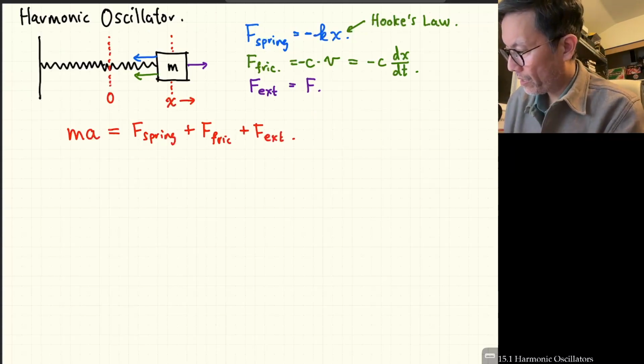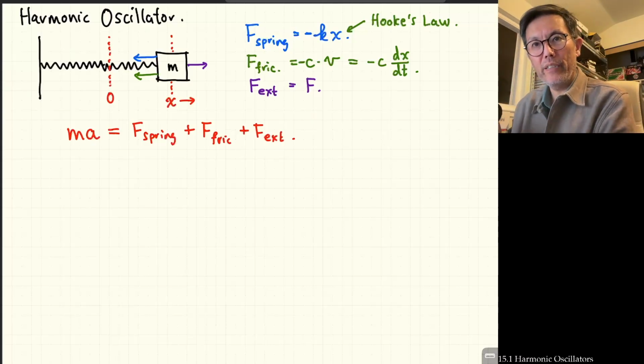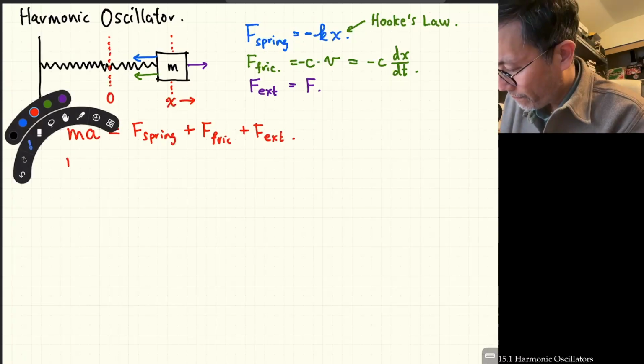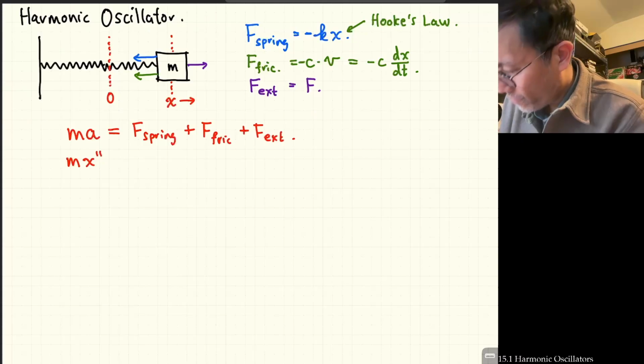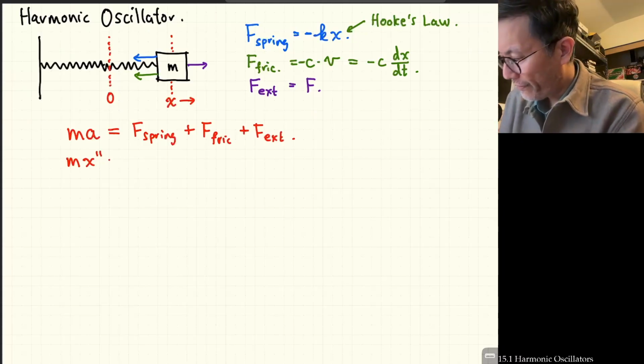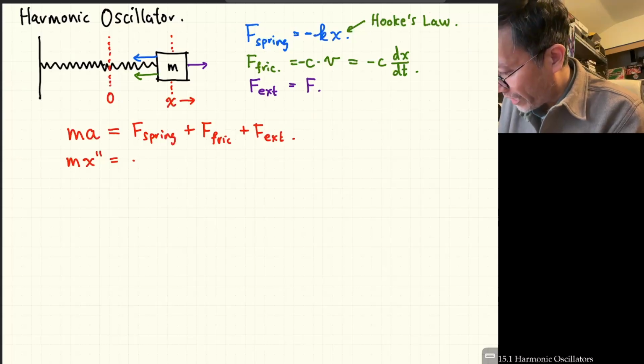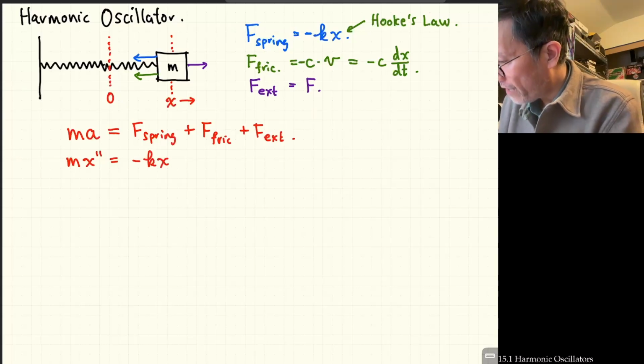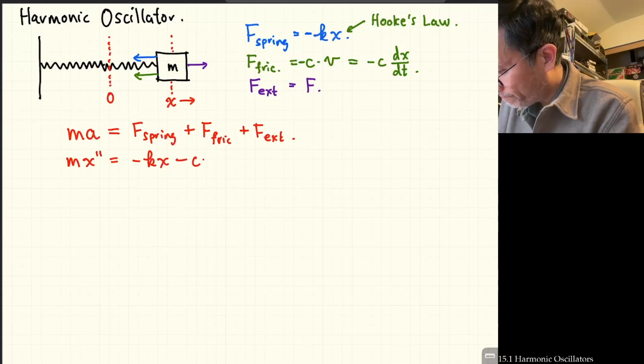But we know A is x double prime. It's the second derivative of position. F spring is negative kx. F fric is negative cv, which is x prime.